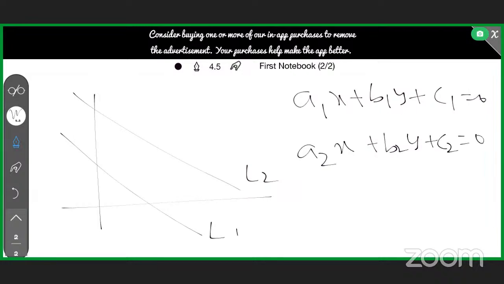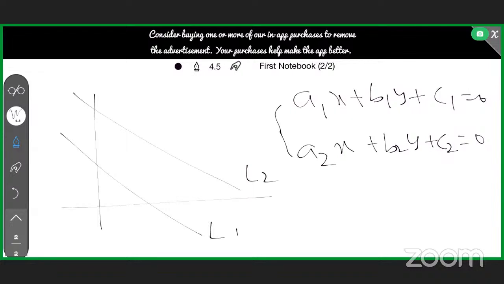They are telling that these two lines are parallel. Then what is the condition?